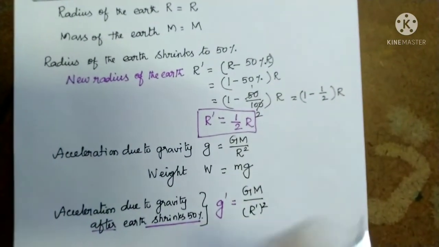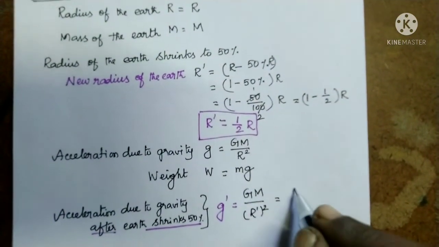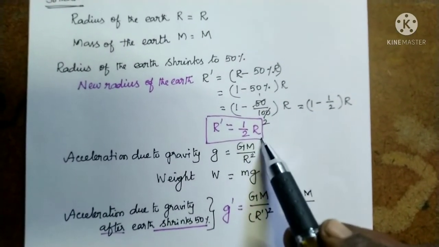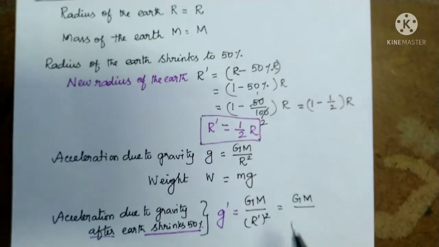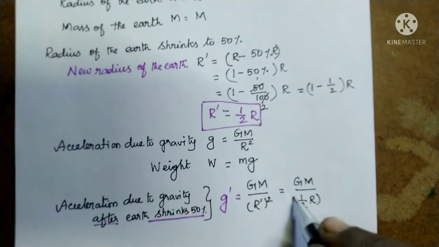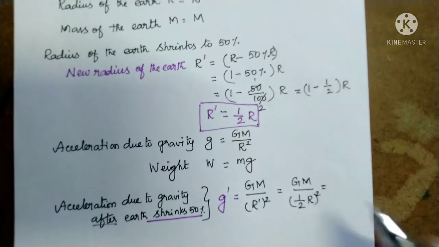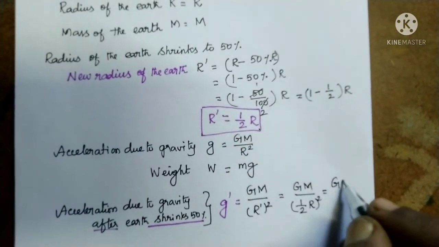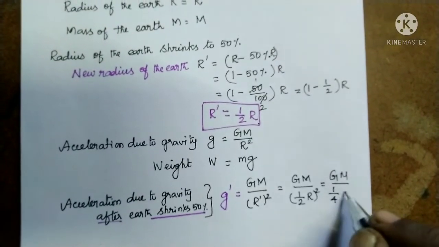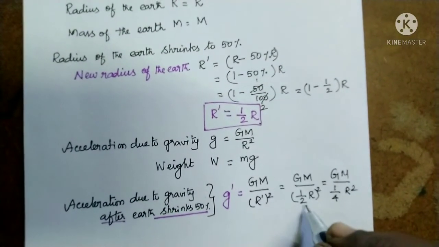Now substitute the value of r dash, that is GM by (1 by 2 r) the whole square. Now you have to write GM by 1 by 4 r square, because you have to take the square.